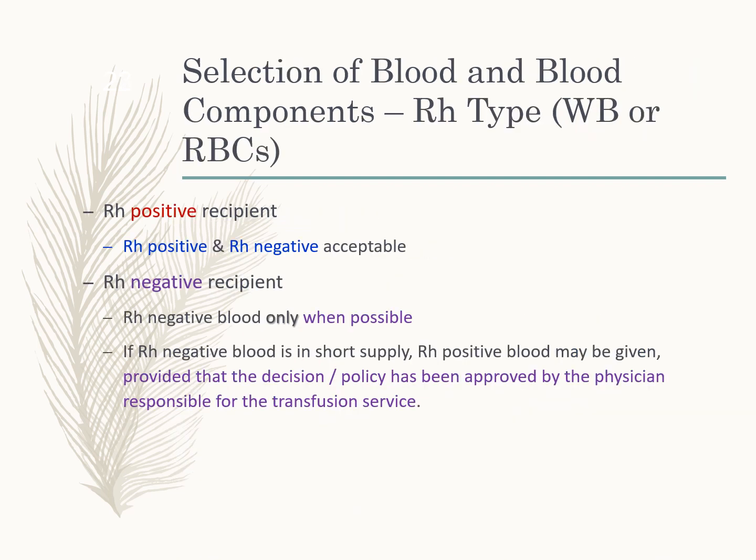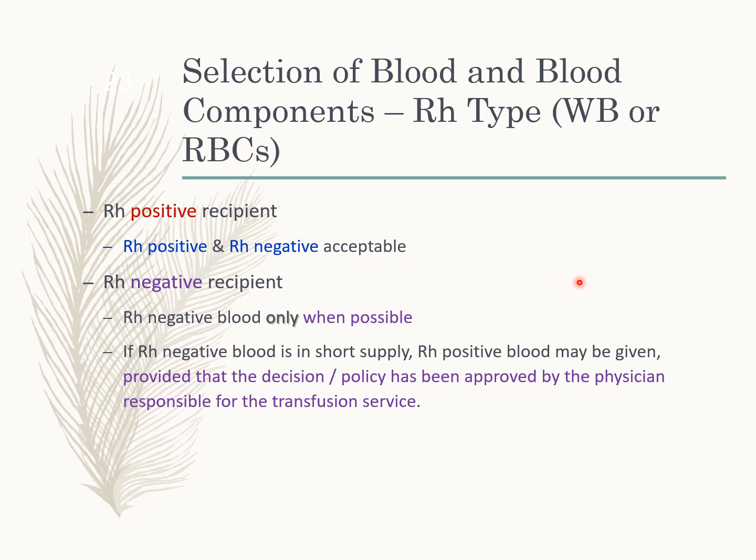For the Rh or D type, if you have a D positive patient, they can receive D positive or D negative. You don't want to give D negative unless that's the only thing you have available, because you want to save those D negative units for the D negative patients that actually need D negative. So D negative recipients can only get D negative.